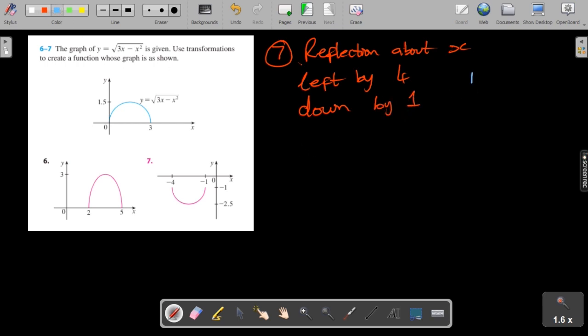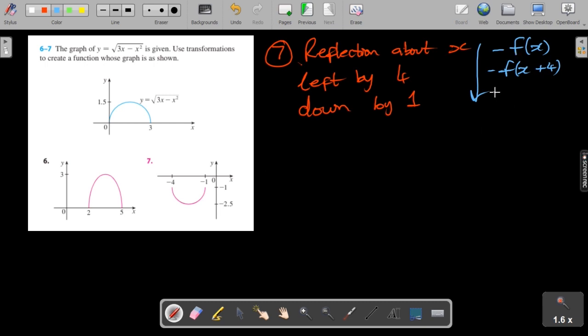And once again, if our original was f of x, here's how you'd apply all of these things. The reflection would be minus, so let's write them down progressively as we go down. So this would have been minus f of x. We negate the y when we reflect about x. Then we went left by 4, so it would have now been minus f of x plus 4. That's what we would have had.